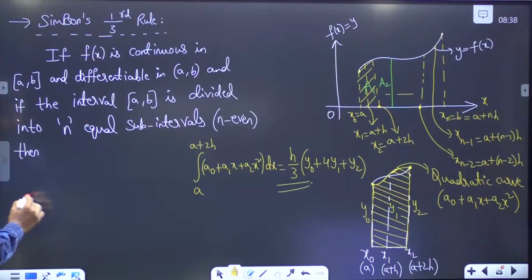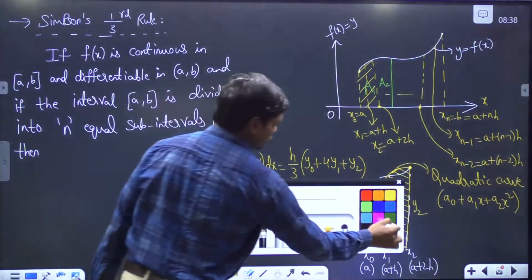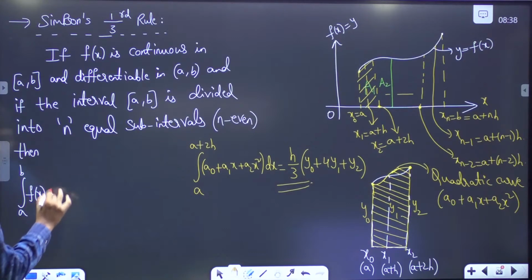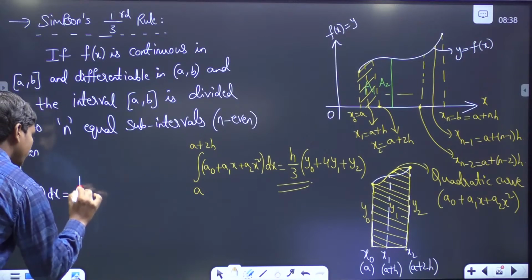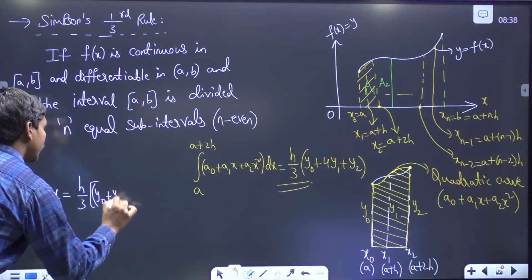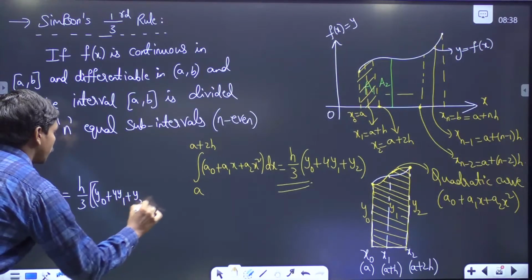So let me write the equation first. Integral a to b f of x dx is equal to h by 3 into y0 plus 4y1 plus y2.